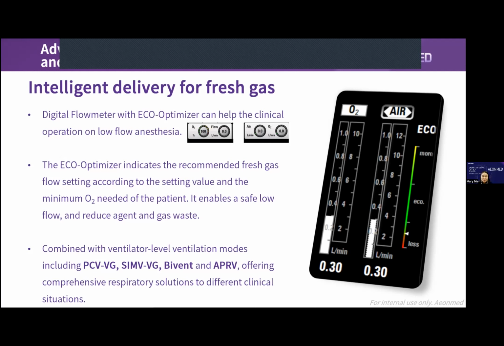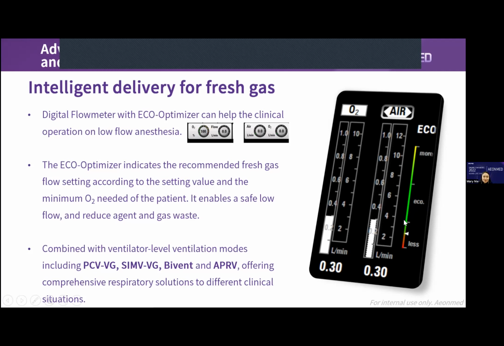Because we understand that, especially after the COVID-19 pandemic, the oxygen gas resource is getting more and more precious. So we don't want to waste any of our precious oxygen gas resource here. And of course, sometimes we give too much flow to my patients.